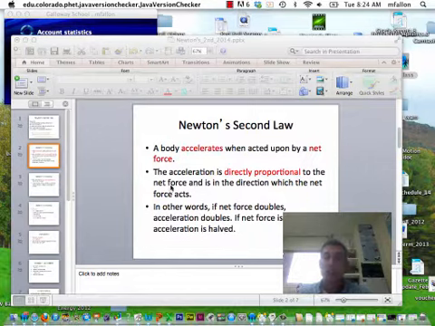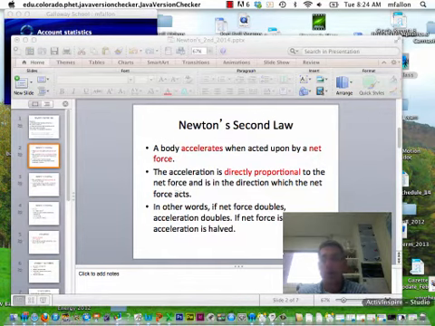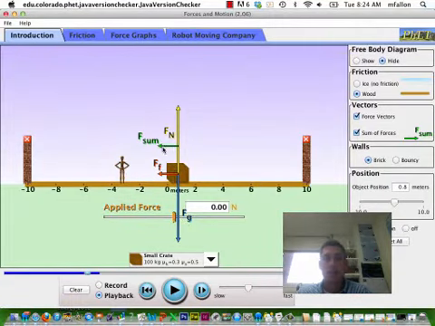Now the acceleration of that object will be directly proportional to the net force. So what does that mean? That net force, in this case to the left, is the friction opposing the motion of the crate. Directly proportional means that when the net force increases, the acceleration increases. In other words, if this force is doubled, then the acceleration of that object will be doubled.